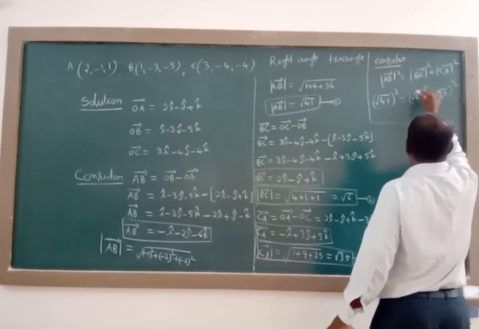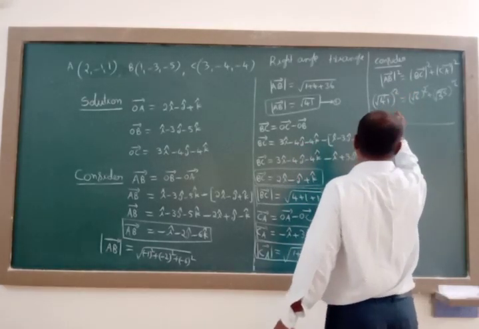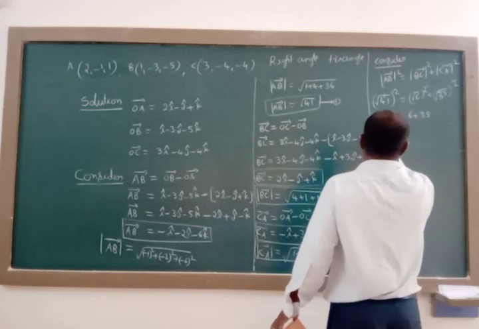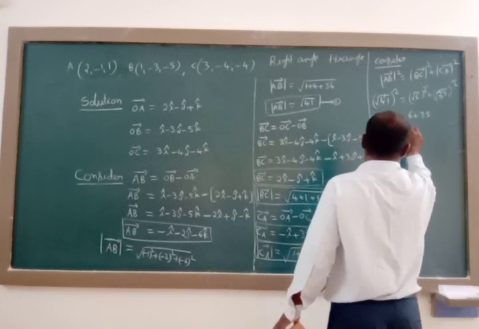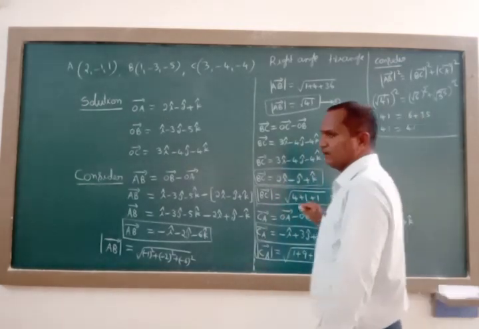Square and square root get cancelled here. Then you'll get 41 is equal to 6 plus 35, so 41 is equal to 41. Therefore, the given vectors are said to form a right angle triangle.